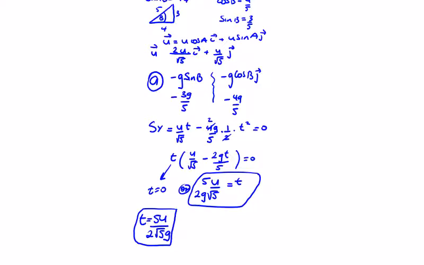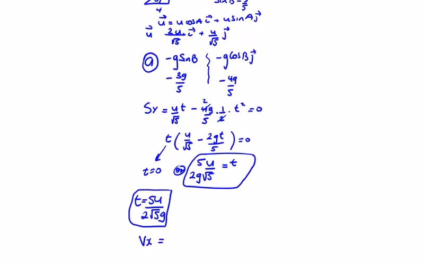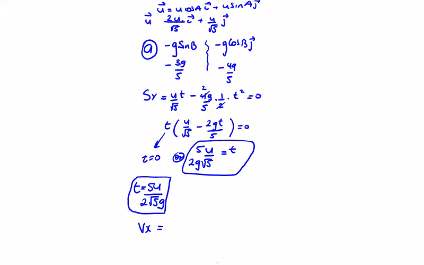So now I need velocity in the x direction and velocity in the y direction. Velocity in the x direction, u plus at, just keep it in vision, 2u over root 5. U plus at is going to be minus 3g over 5 times t, which is 5u over 2 root 5g.